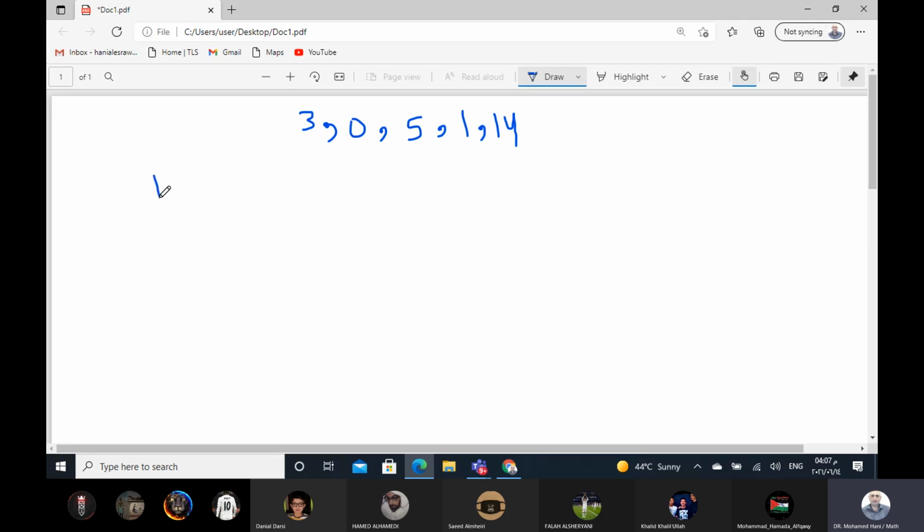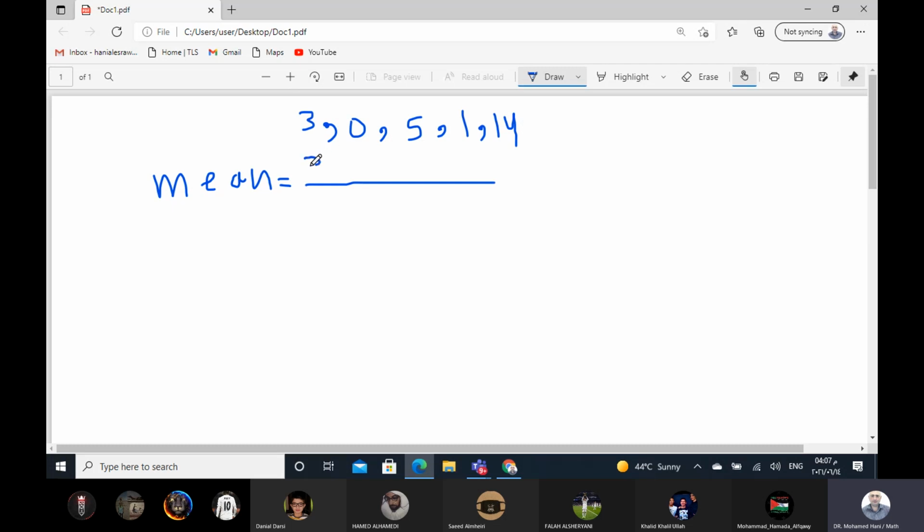And I want to find the mean. As you remember, when you want to find the mean, we have a rule. The first step, find the sum of all numbers inside this data.